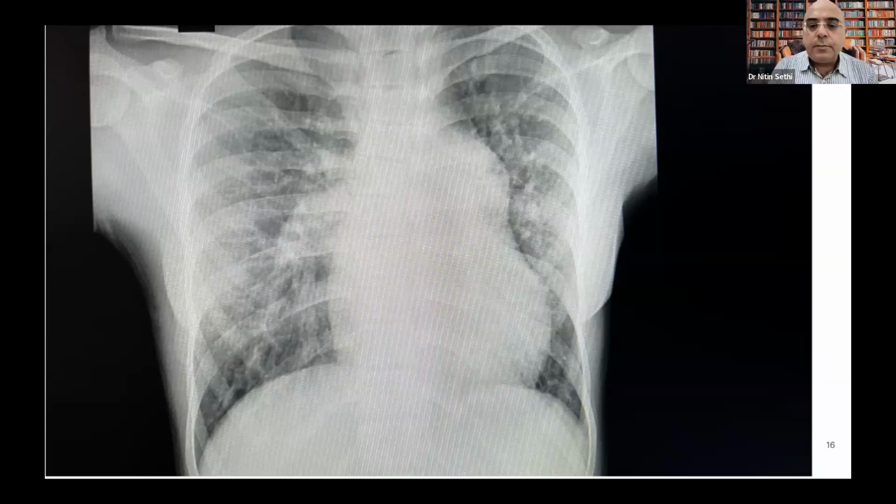This is an X-ray chest PA view: situs solitus, levocardia, mild cardiomegaly I could see, and the apex is a little upturned. There is prominence of the pulmonary arc with dilatation of the main pulmonary artery, left descending pulmonary artery and right descending pulmonary artery, with tailing of the right descending pulmonary artery.